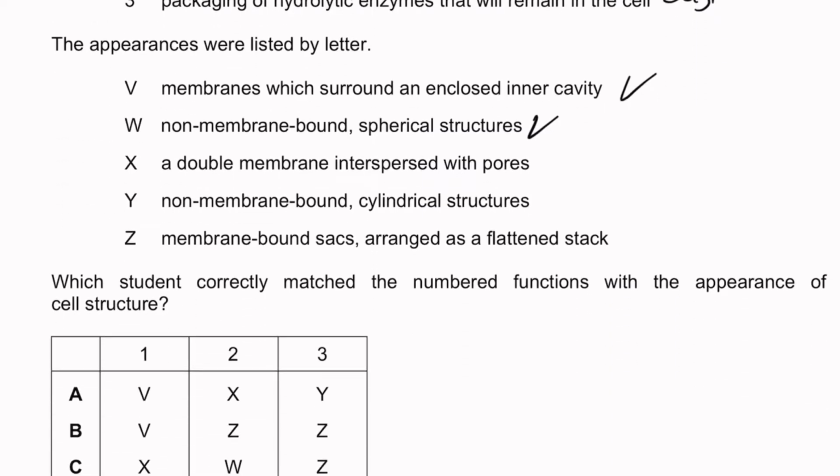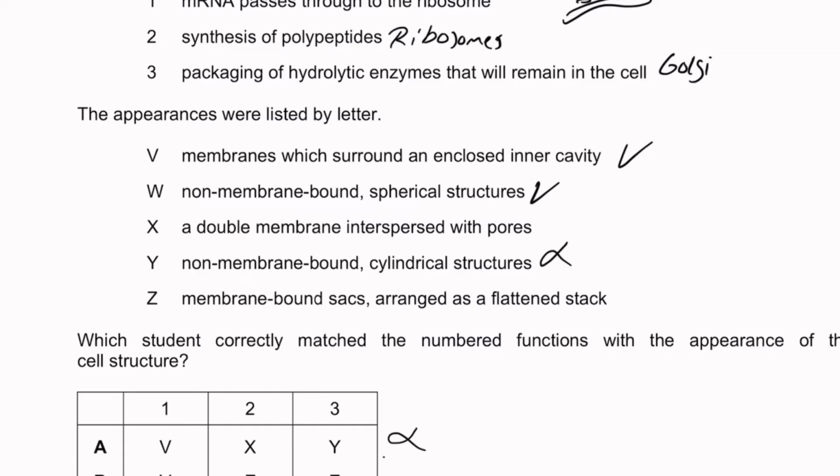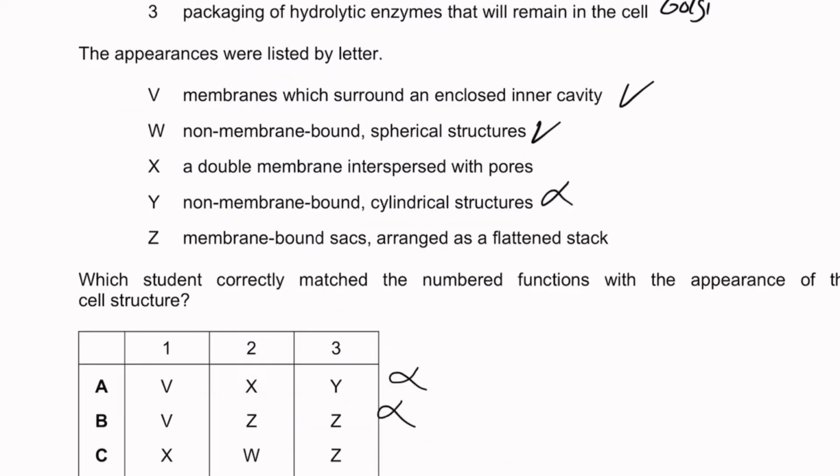We have V, X, Y. Y being non-membrane bound cylindrical structures. I would immediately cancel this, so this is wrong. And then V, Z, Z. We have membrane bound sacs arranged as a flattened stack, but the ribosomes are not really membrane bound, so I would say no. X, W, Z. We have X, double membrane interspersed with pores. I could assume that this is the nucleus, and it could work actually.